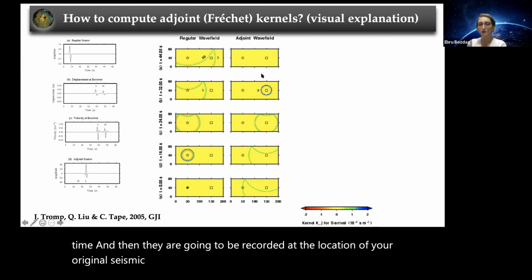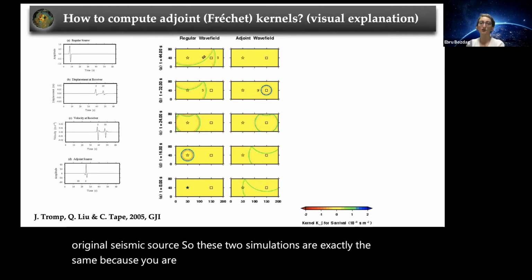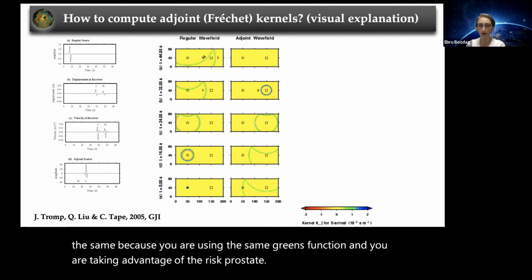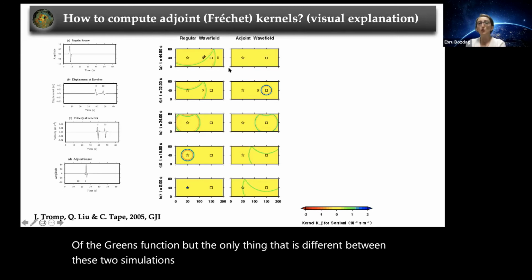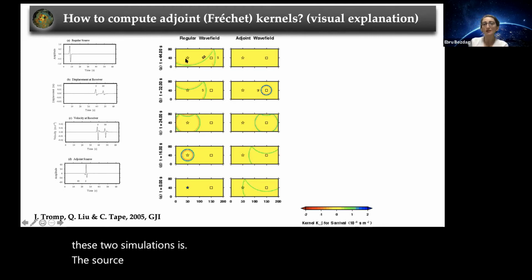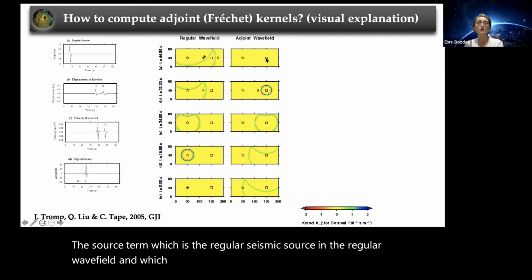So these two simulations are exactly the same because you are using the same Green's function and you are taking advantage of the reciprocity of the Green's function. But the only thing that is different between these two simulations is the source term, which is the regular seismic source in the regular wave field, and which is an adjoint source based on the difference between your observed and synthetic data.